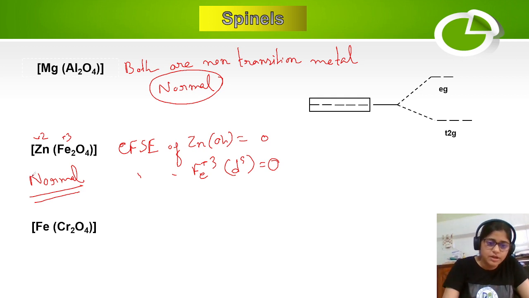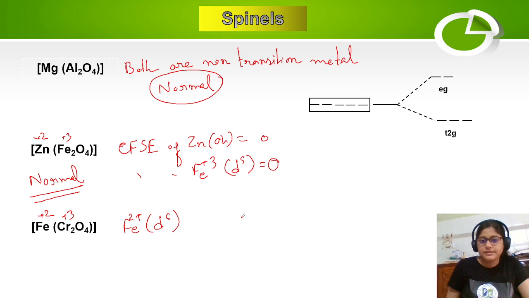Okay. Now FeCr2O4. Fe2+ is outside, Cr is 3+. Okay. So Fe2+ d6 system in tetrahedral, but it will not be a low spin kind of complex, right?